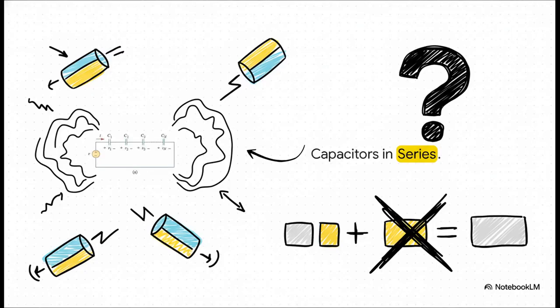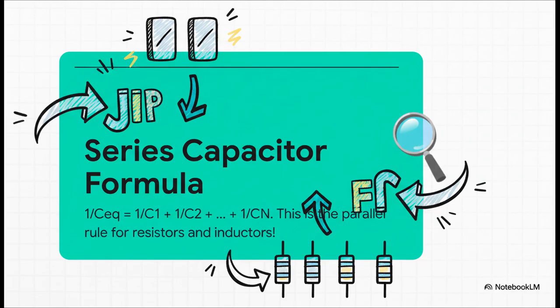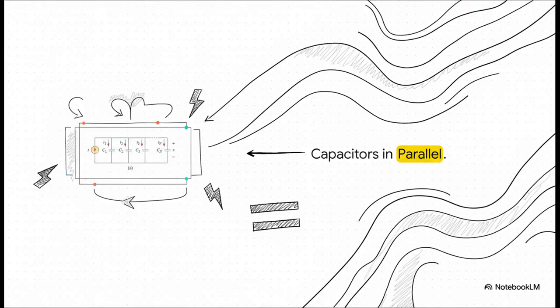Now, based on the pattern we've established, your brain is probably telling you, oh, just add them up, right? Well, nope. For capacitors in series, we use that reciprocal formula. That's the rule that resistors and inductors use for their parallel connections. It's a complete flip-flop.